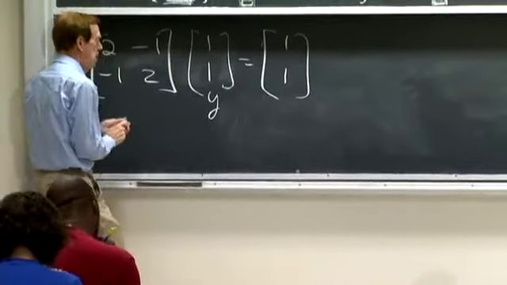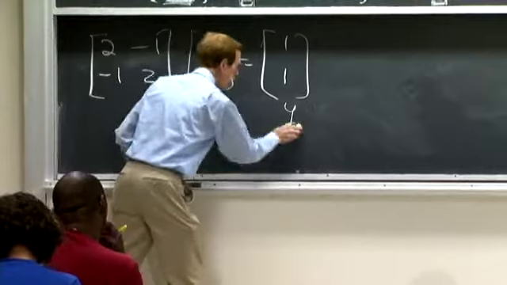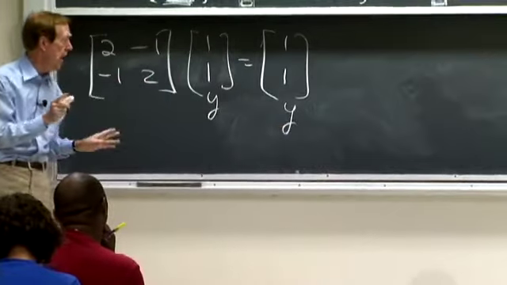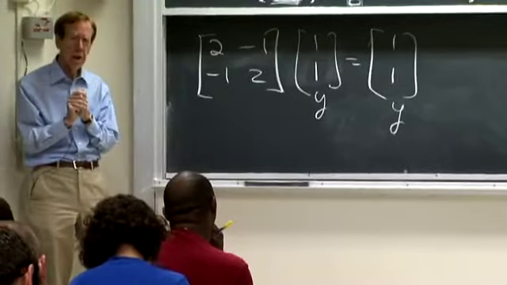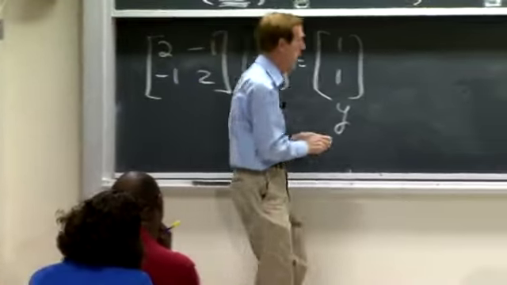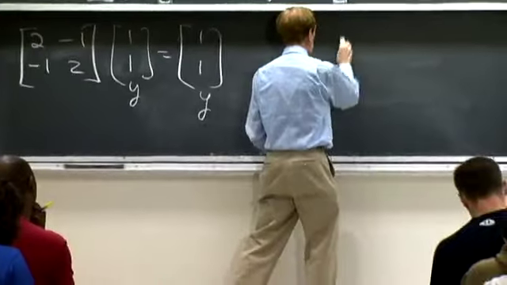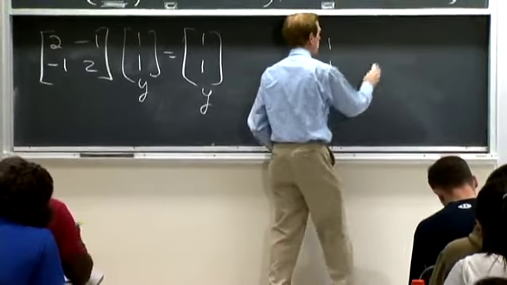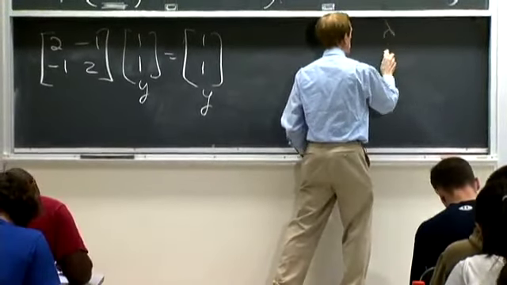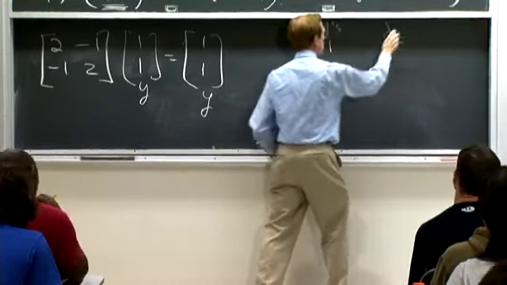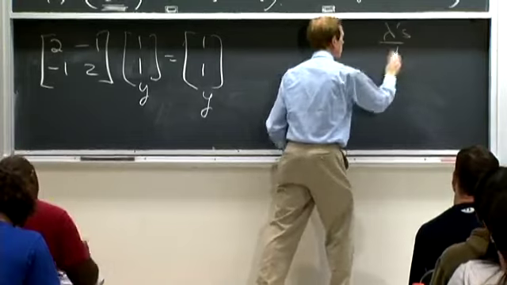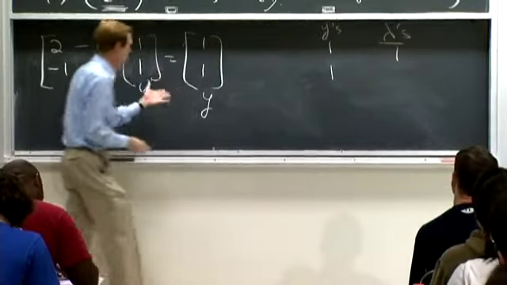The point is it didn't change direction, and it didn't even change length. So what's the eigenvalue for that? So I've got one eigenvector, 1, 1, and here are the y's and here are the lambdas, and I've got one of them, and it's 1.